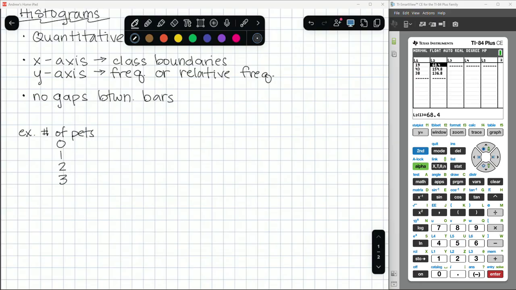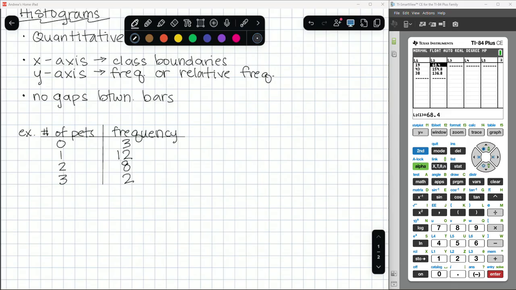The biggest number of pets was 3. And then the frequency, the number of students who had that specific number of pets at home, was 3, 12, 8, and 2. And I want to make a histogram of this data.